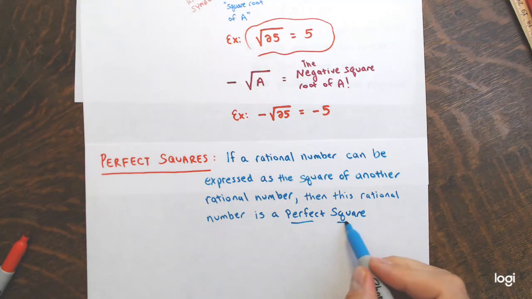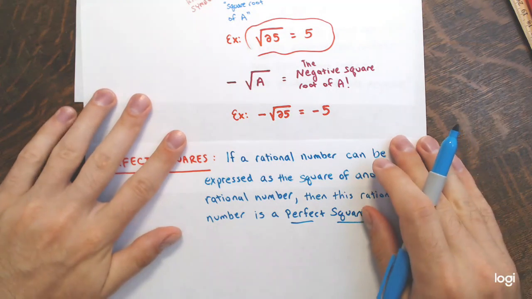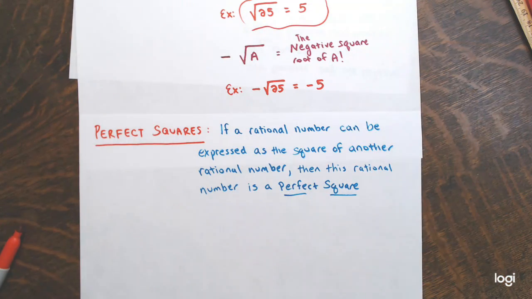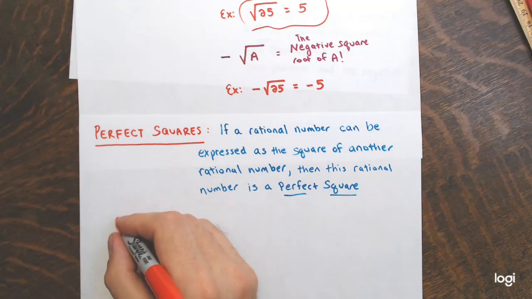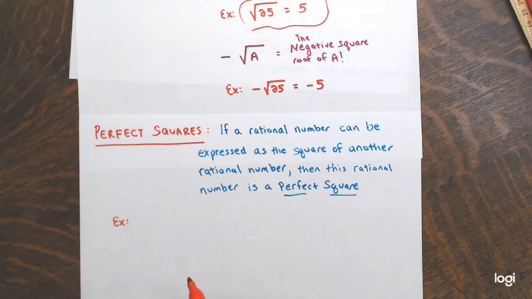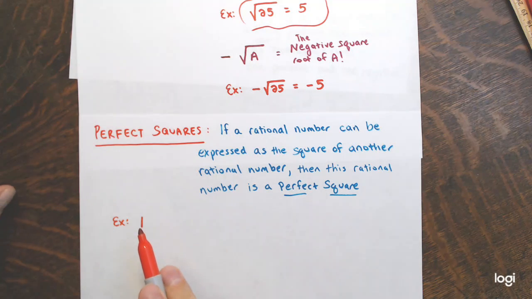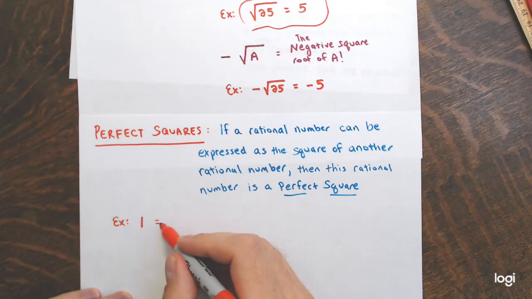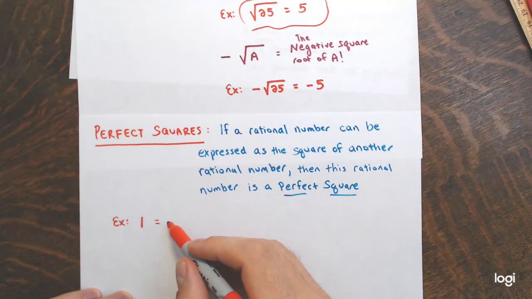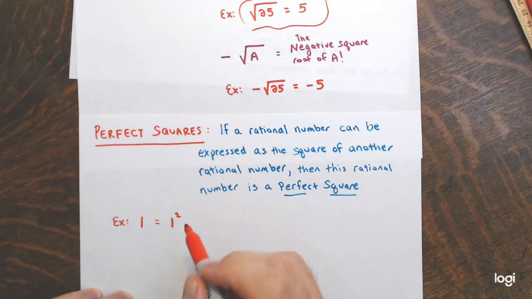All right, so some examples of perfect squares. For instance, the number 1, right? That's rational. You can write that as 1 over 1, a ratio of two integers. This is a perfect square because you can express this as a rational number squared, or just 1 squared.